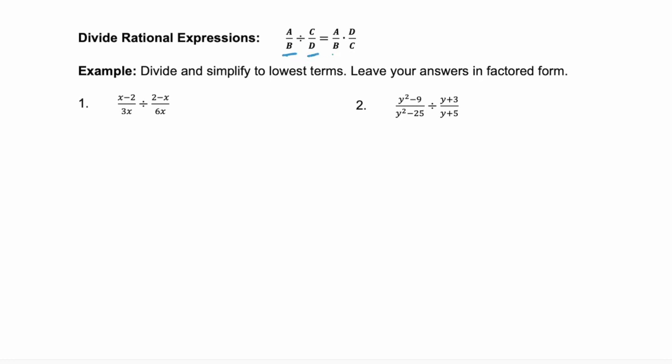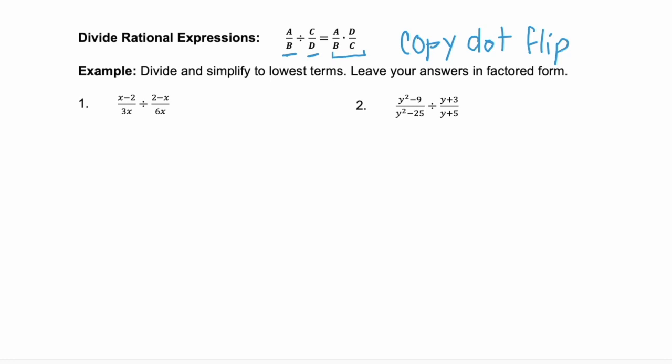But this is equivalent to maintaining that first rational expression, a over b, and multiplying by the reciprocal of the second. So notice that you just flip that second fraction. Some people remember this as copy dot flip.